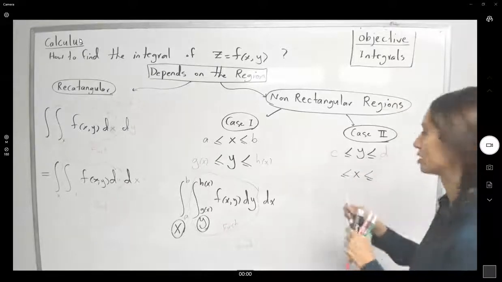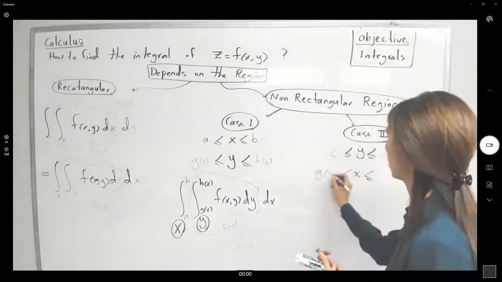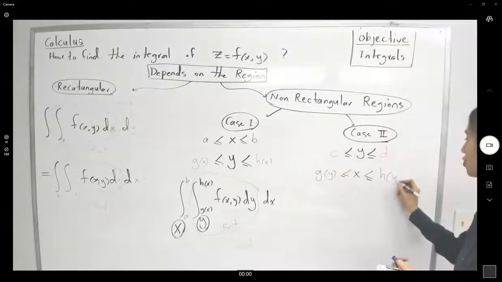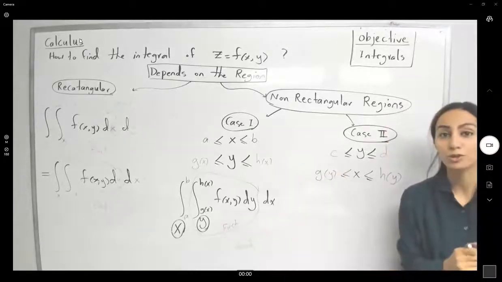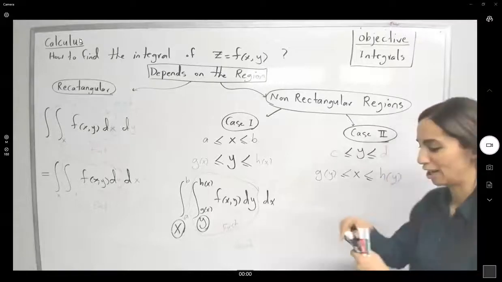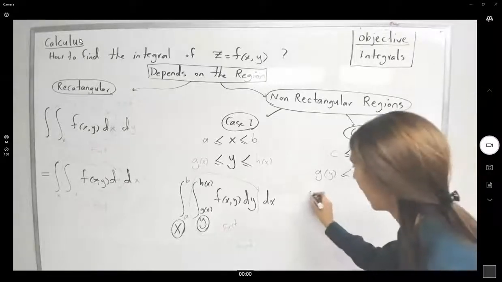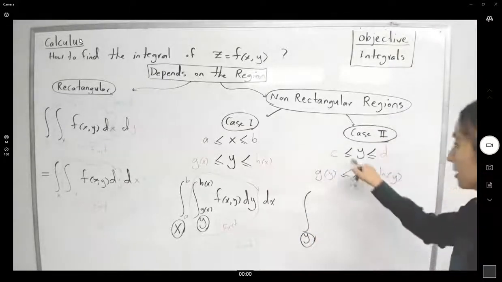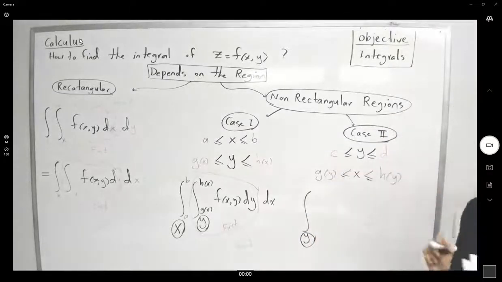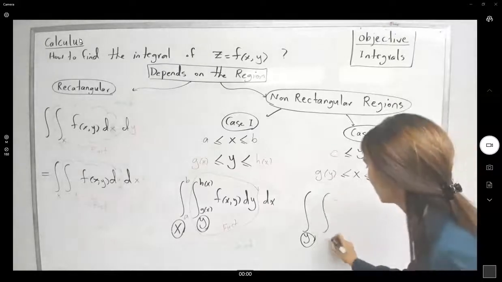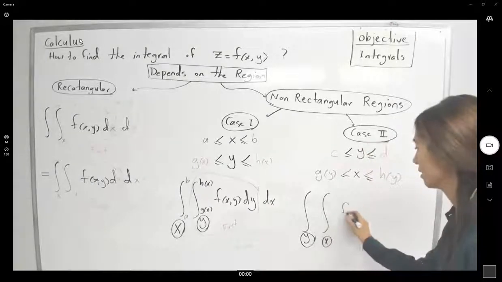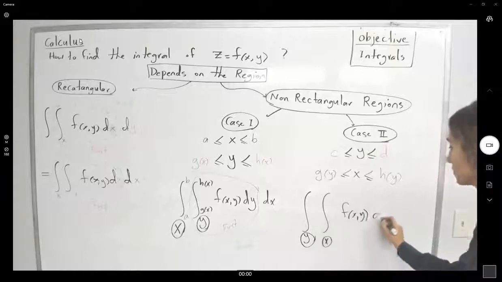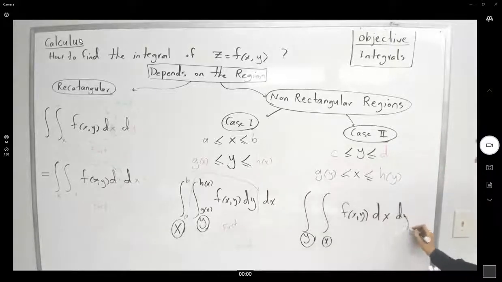What are those two functions? Let us call them g of y and h of y. Then your y must be outside. Your outer integral is with respect to y because it has fixed boundaries. And then the inner integral is with respect to x. You write down your function, dx, dy.